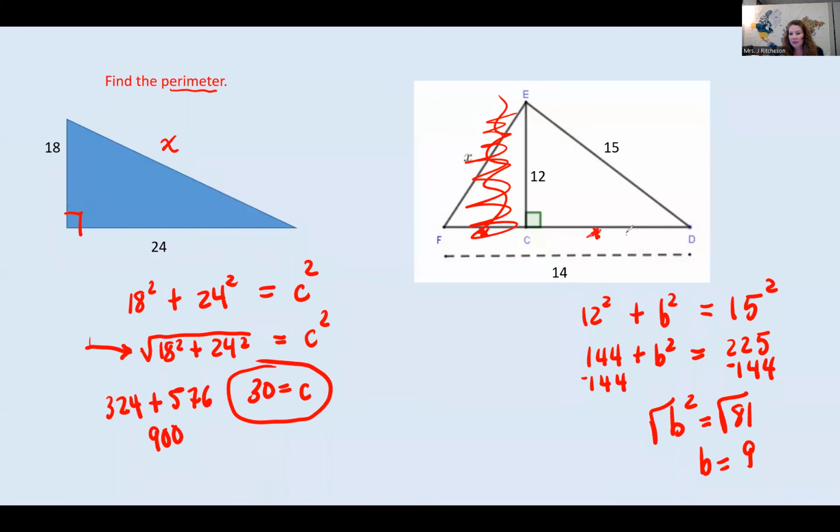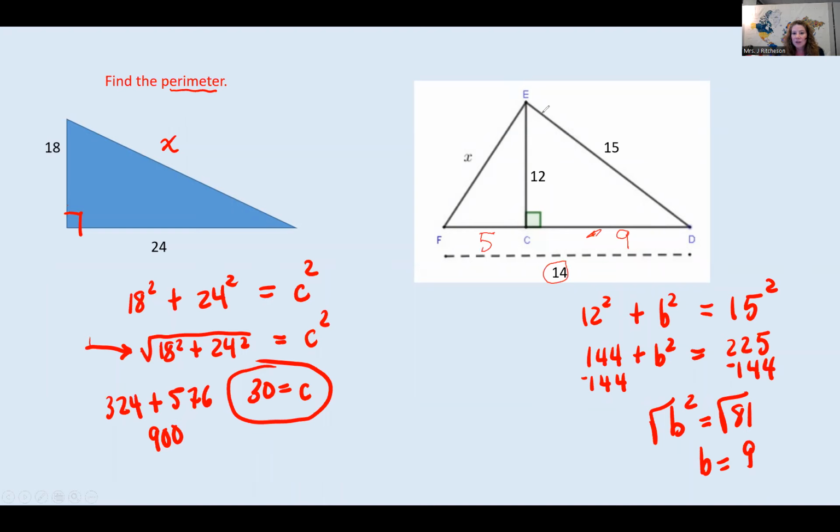All right, ignore that. So this is 9. So if we know the whole thing is 14 and this part is 9, that means the length of this side is what? Let me get this off the board. Hold on one second. I'm sorry, guys. Erase everything, please. There we go. All right, so this is 9. That means this is 5 because 5 plus 9 is 14.